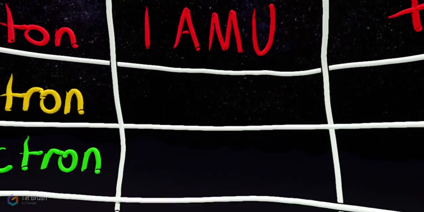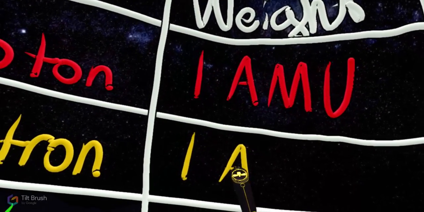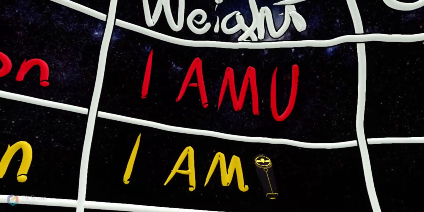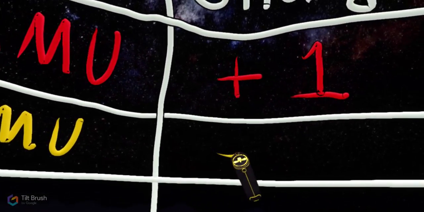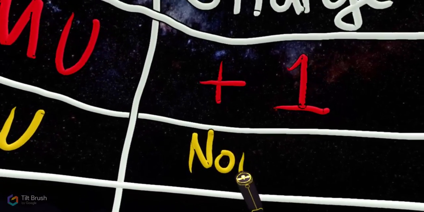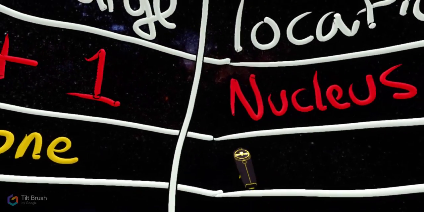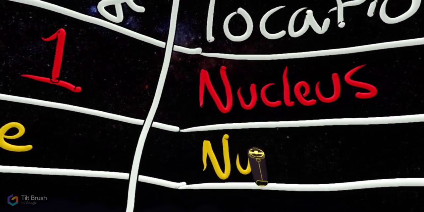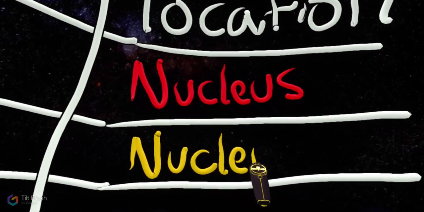Neutrons weigh 1 atomic mass unit. They have no charge. And they are also located in the nucleus.